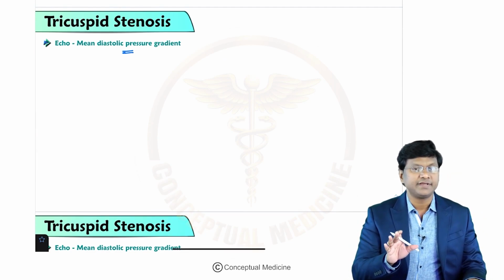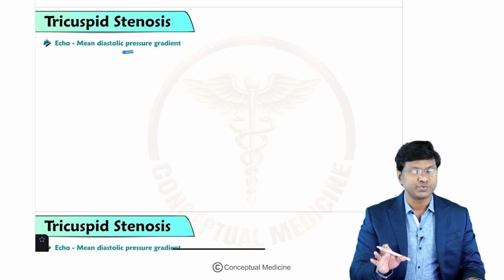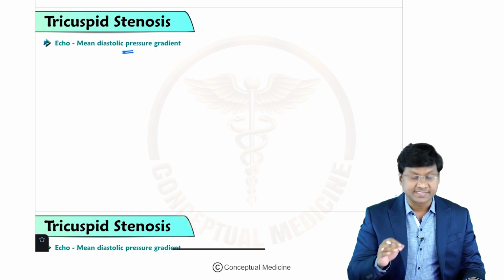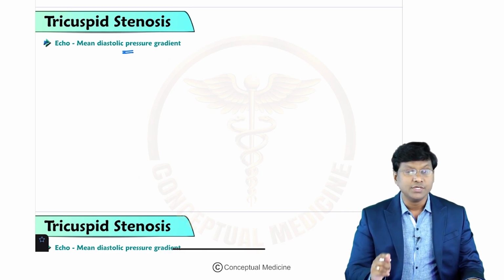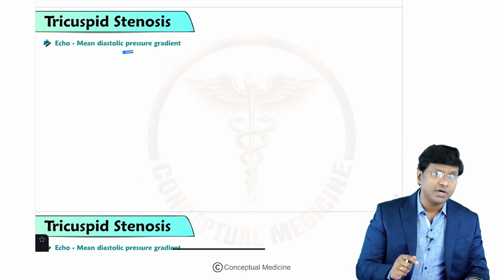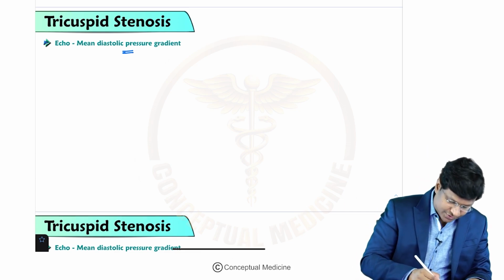Okay, next, coming to the mean diastolic pressure gradient. The normal valve area of the tricuspid valve is 10 centimeters square, which I have discussed. So significant stenosis must be present to produce a gradient. When will you call it significant tricuspid stenosis?